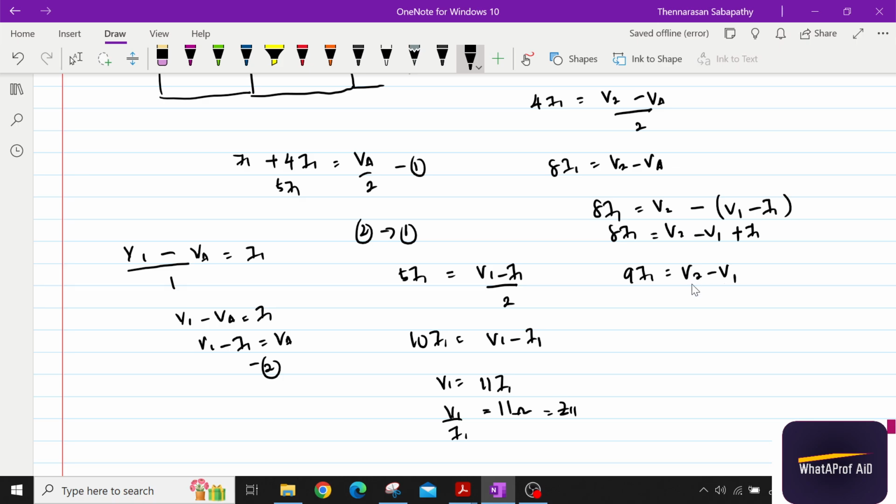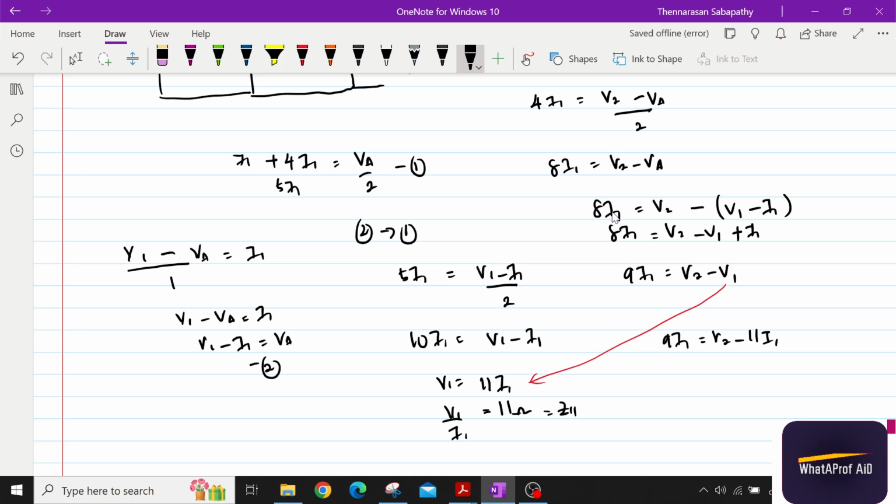So we need to have the V2 and we need to eliminate the V1. If you look back at this equation, V1 equals to 11I1. So from there you can write 9I1 equals to V2 minus 11I1. I just checked back this equation.